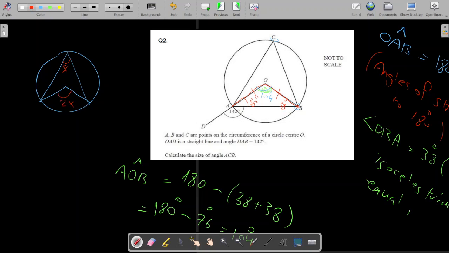Since I know that this is equal to 104, this angle at the circumference is going to be half of 104, because this is the angle at the center, which is going to be equal to 52 degrees. So this angle here is equal to 52 degrees.